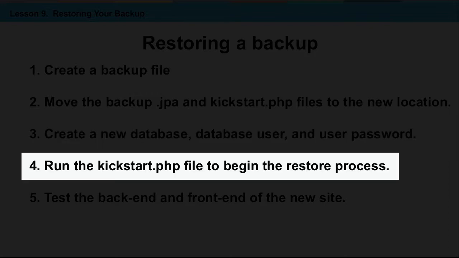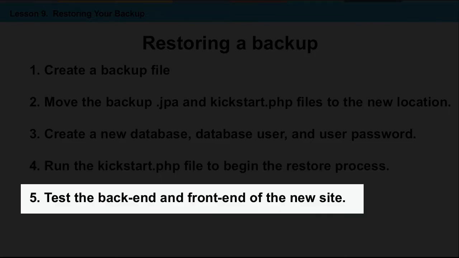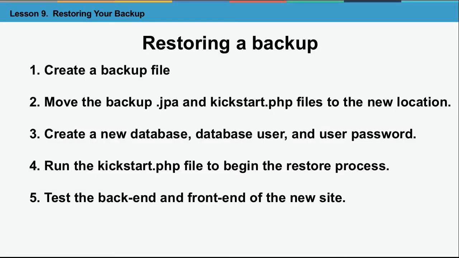Step 4 is to run the kickstart.php file to begin the restore process. You would then follow all the instructions within that restore process. And step 5 is to test the back end and the front end of the new site to make sure that everything is exactly the same as the original site and is working correctly. So let's start with step 1, create a backup file.